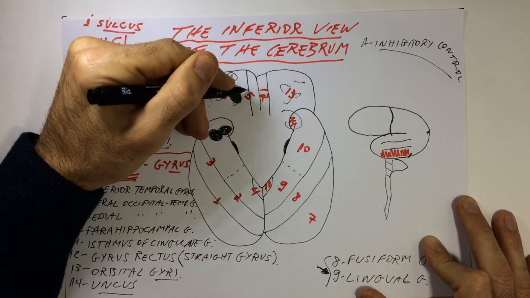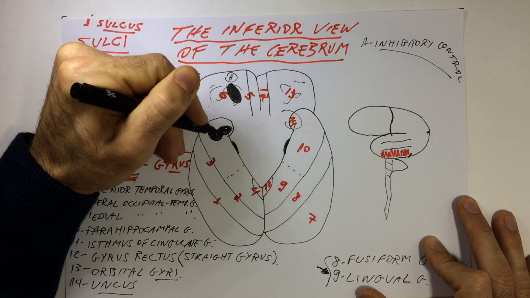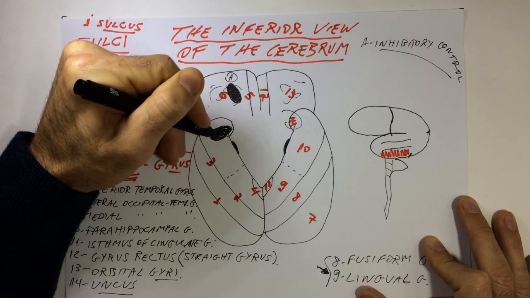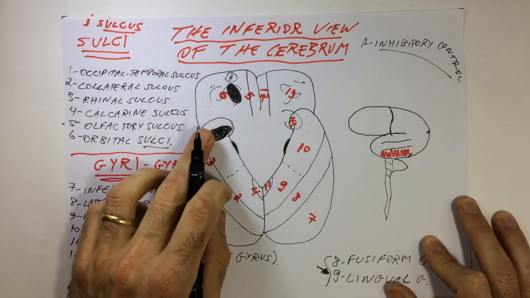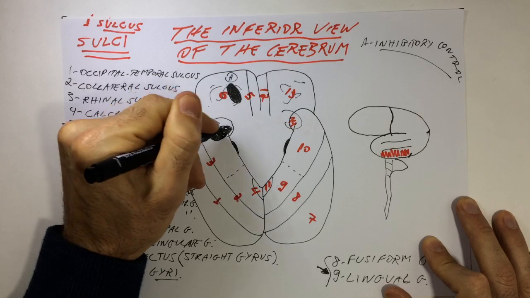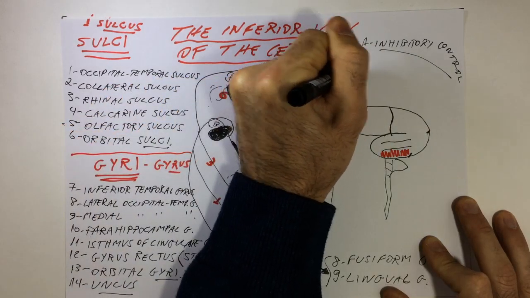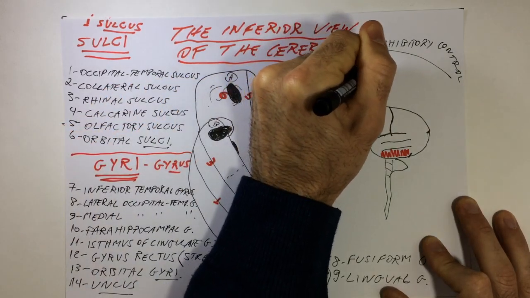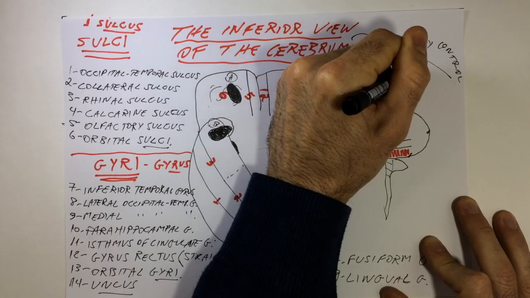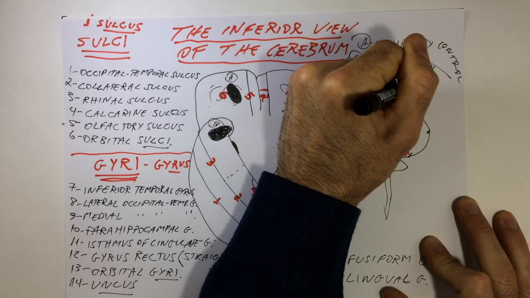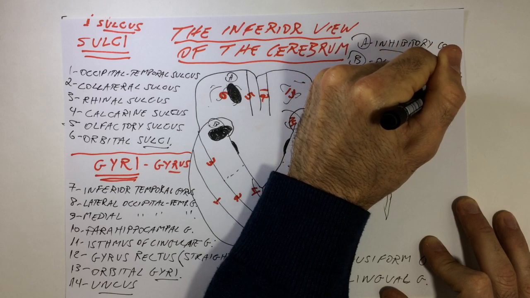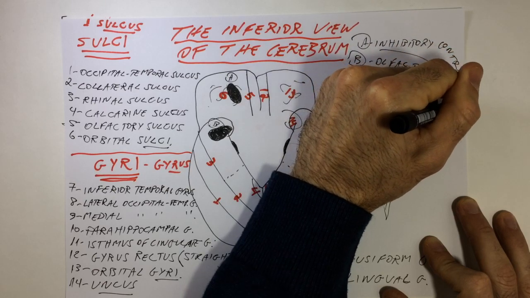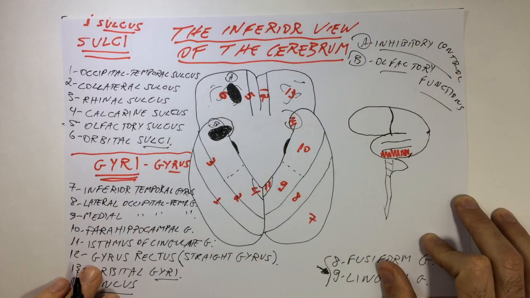Actually it starts all the way here, comes down, but those are the main areas of the brain that are responsible for the olfactory function. So B. Olfactory functions.